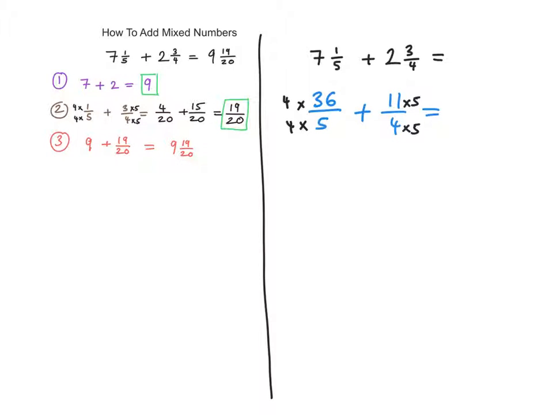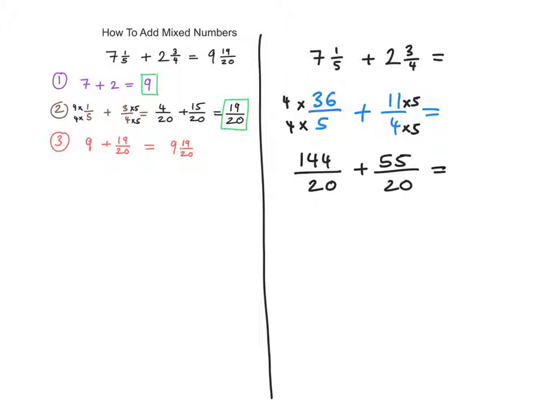Now, 4 times 36, well, 4 times 30 is 120, 4 times 6 is 24, 120 plus 24 is 144. So that's 144 over 4 times 5 is 20, so that's over 20, plus 11 times 5 is 55, so that's 55 over 20.